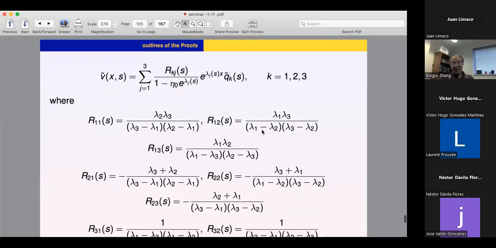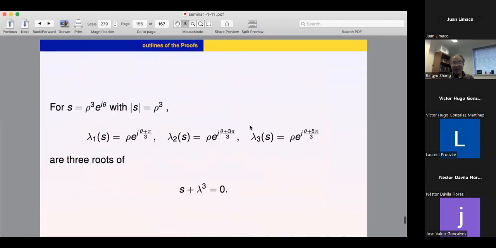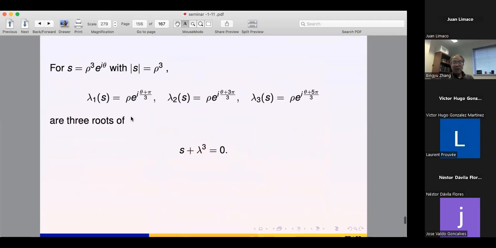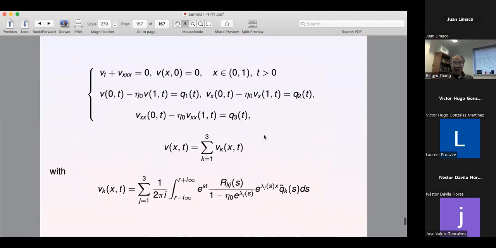Okay, here are some little bit detail. Okay, and with this one, here lambda 1, lambda 2 are 3 roots of this solution. You can have explicit form of lambda 1, which is rho e to the i theta plus theta. Okay. So by using Laplace transform for time t, we can find the Laplace transform of solution.